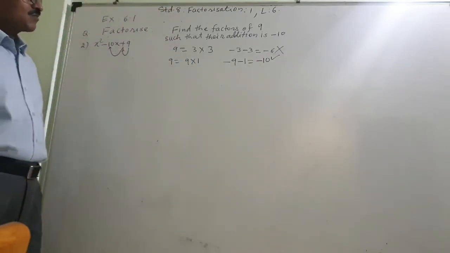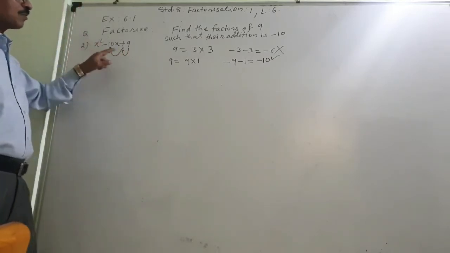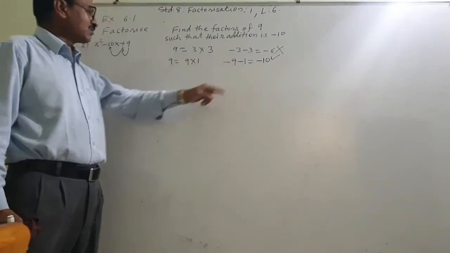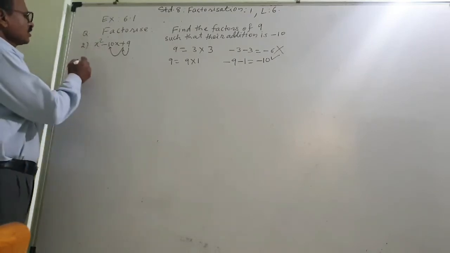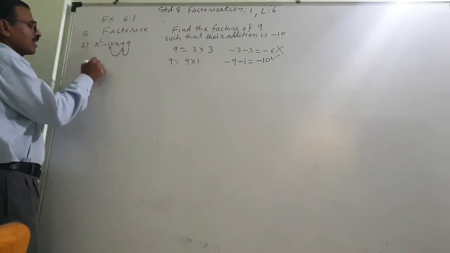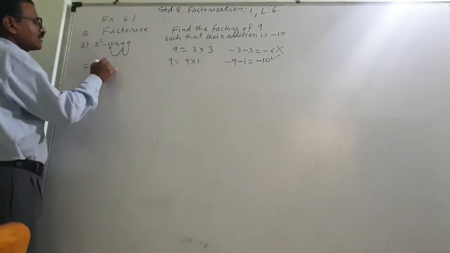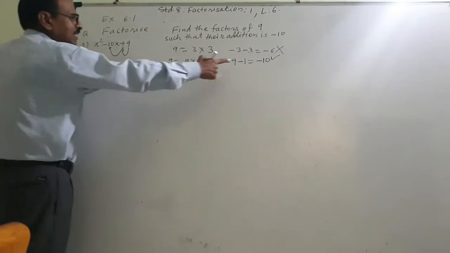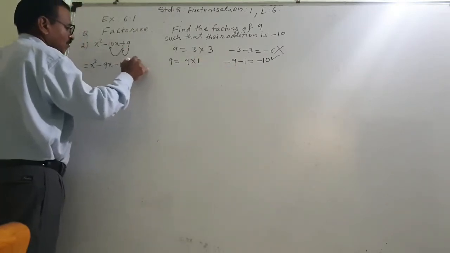That means if I want the addition to be negative, both the factors of 9 should have the same sign, the middle sign. So this is equal to x square minus 9x minus 1x plus 9.